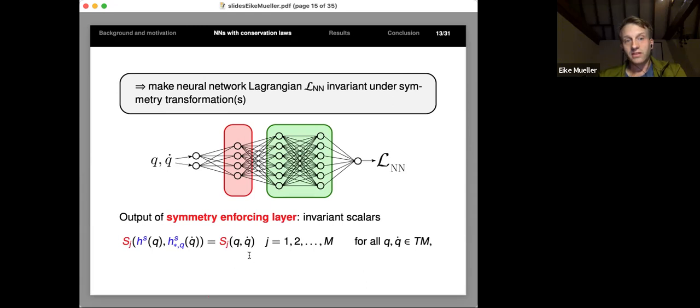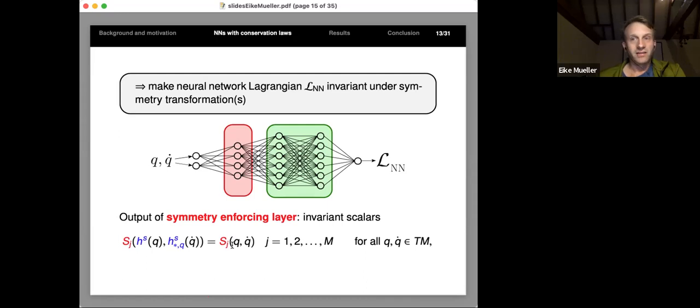The only condition is that if we change the inputs in this way, then the output of this layer doesn't change. And that idea is very similar to what people do in physics when they construct new theories. In particle physics, people do this very often. They say, okay, we have a system, we know what its symmetries are, so let's write down all the terms that are invariant under these symmetries.